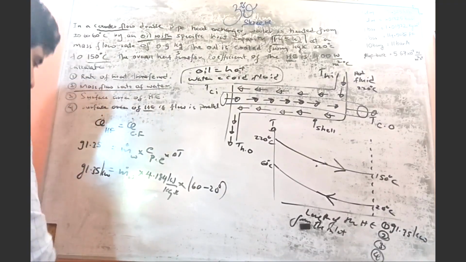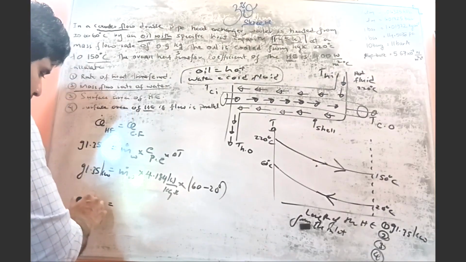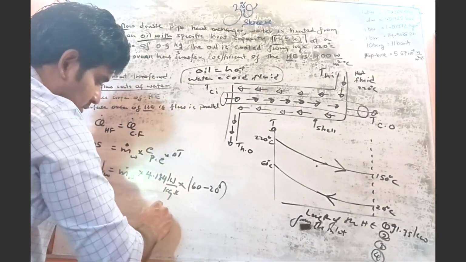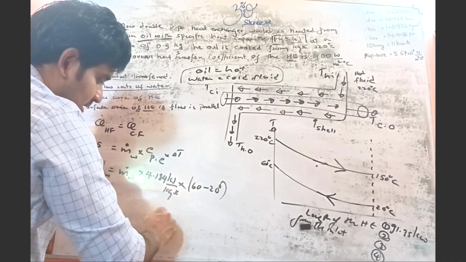So definitely, if you carefully do the simplifications, what will be the unit of MW dot? The unit must be kilograms per second.